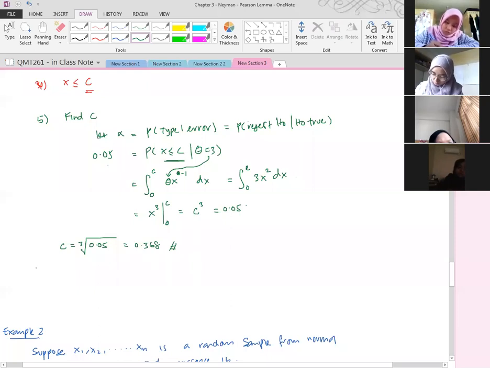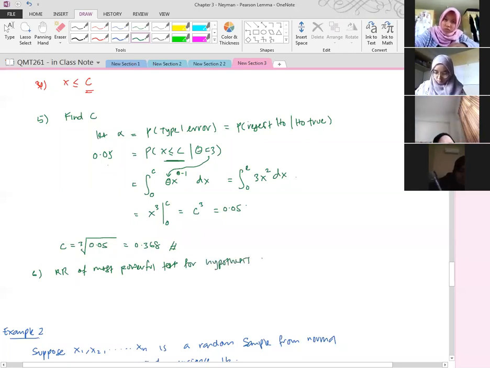So from here, we can conclude that the rejection region of the most powerful test for the null hypothesis theta equal to 3 versus the alternative hypothesis theta equal to 2 is x less than 0.368.